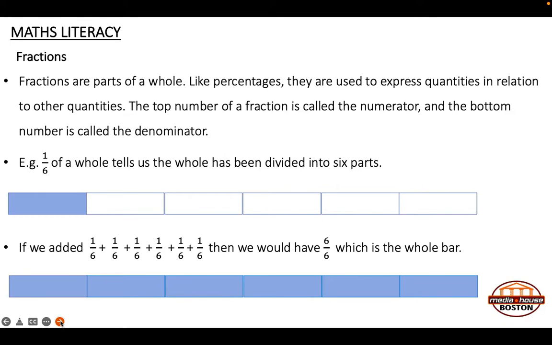Like percentages, they are used to express quantities in relation to other quantities. The top number of a fraction is called the numerator, and the bottom number is called the denominator. So 1/6 of a whole tells us the whole has been divided into 6 parts. If we added 1/6 6 times, we would have 6/6, which is the whole bar.